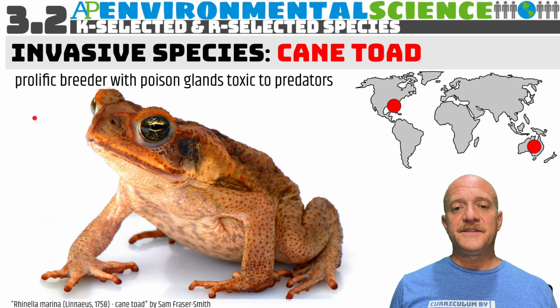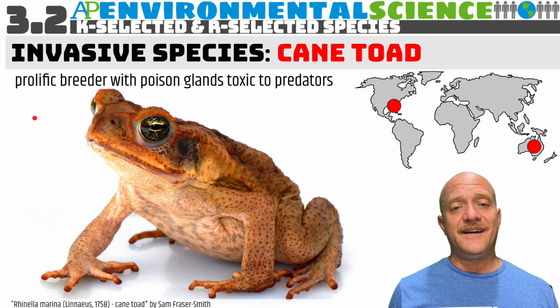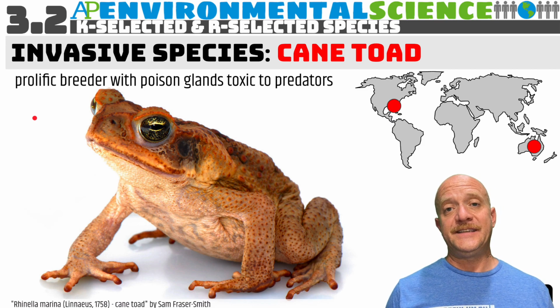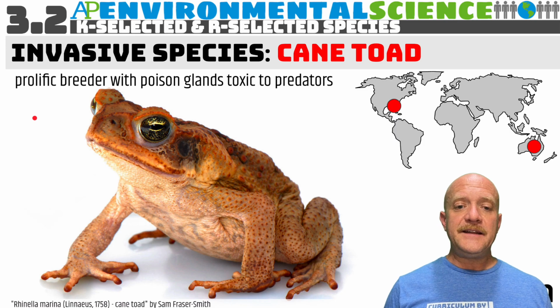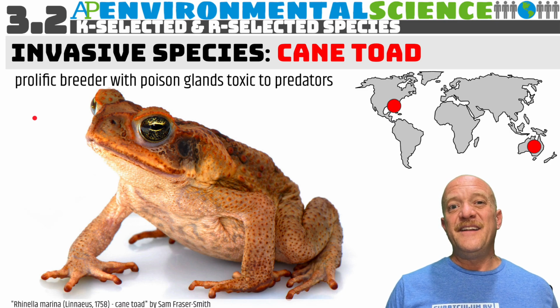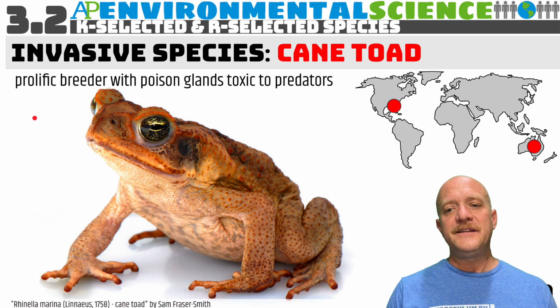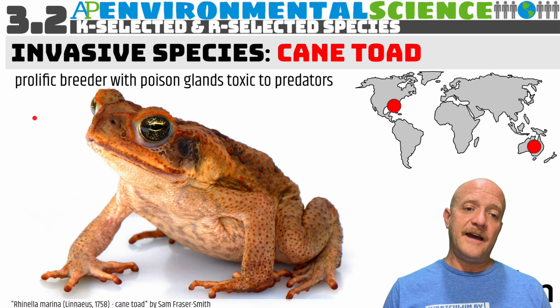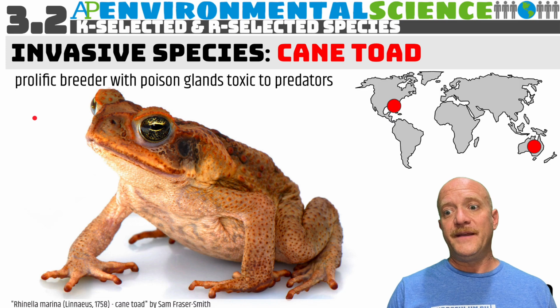Some examples of R-selected species tend to be invasive if given the opportunity. One very famous invasive species is the cane toad. The cane toad originated along with sugarcane, and they ate specific beetles that were infesting the sugarcane. They were brought into Australia initially, and they overtook a lot of the environment.